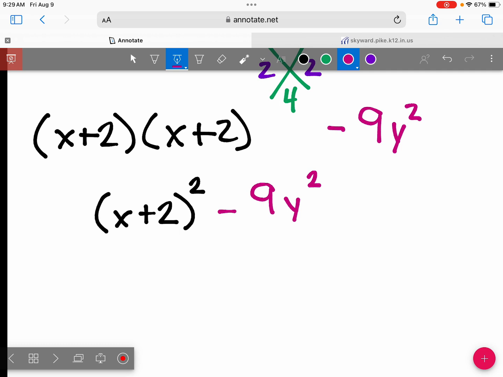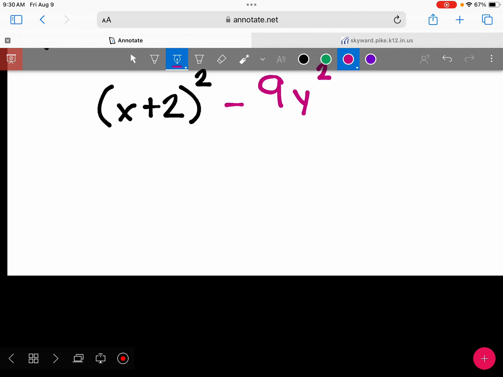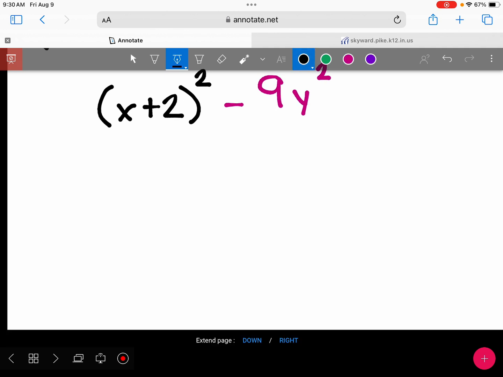Now do we see the difference of squares? It's a weird one. It's super weird. That's why I wanted to do one like this. Because now I can use my difference of squares pattern on these weirdo chunks.